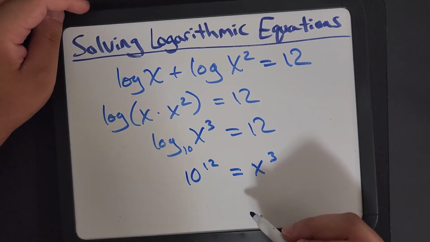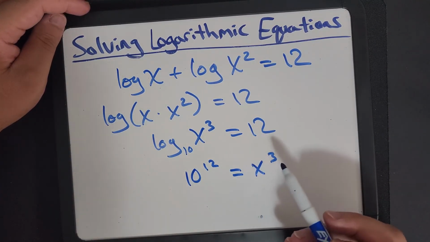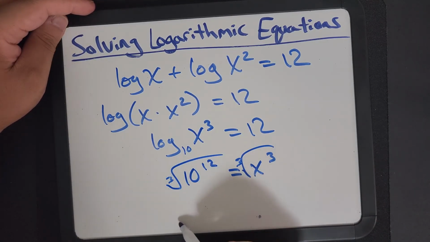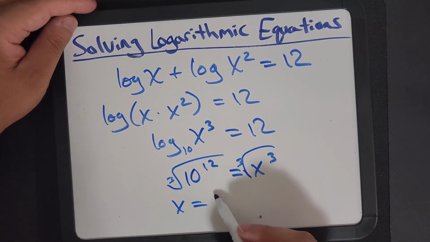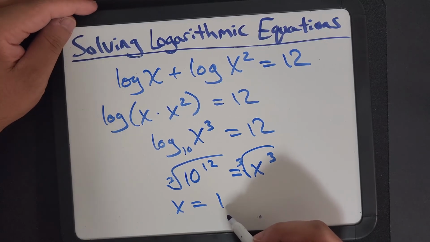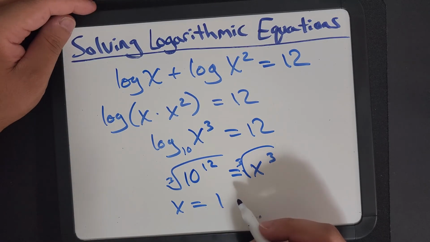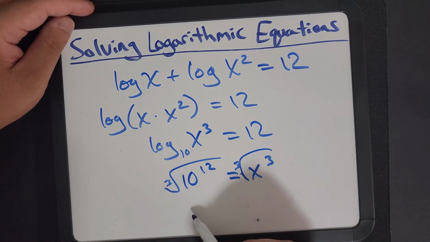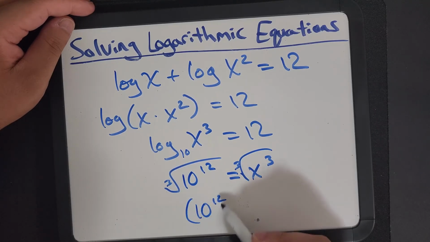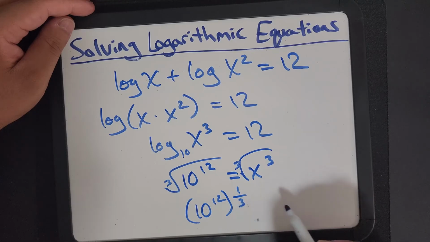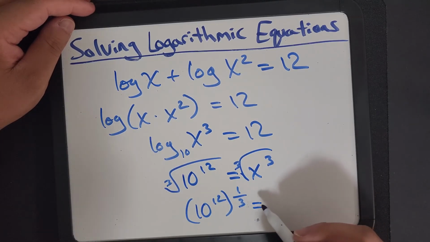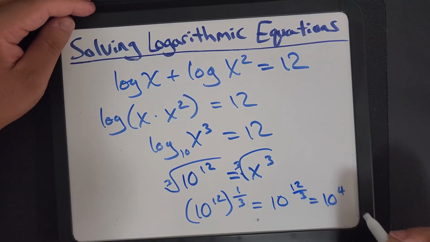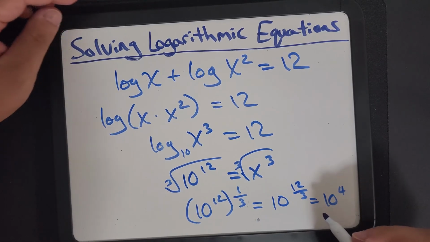So how are we going to solve this? I mean, we could punch it into a calculator and just cube root both sides. That should give us x is equal to, well, we don't exactly need to, because this value, 10 to the 12, if you do the correct algebra on it, you can just do 10 to the 4, which is 10,000.